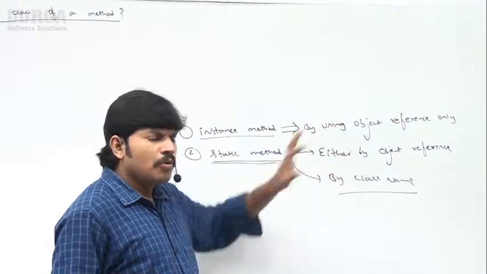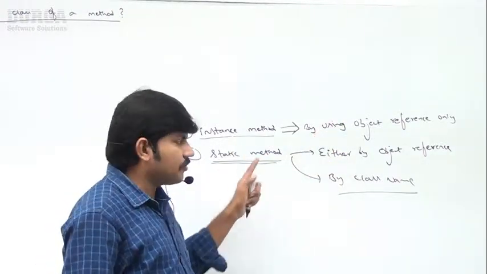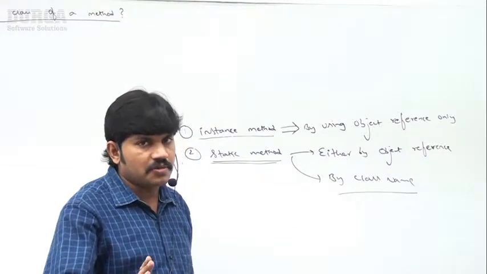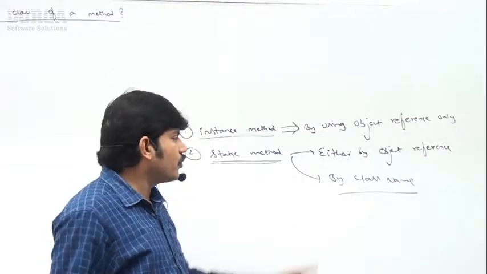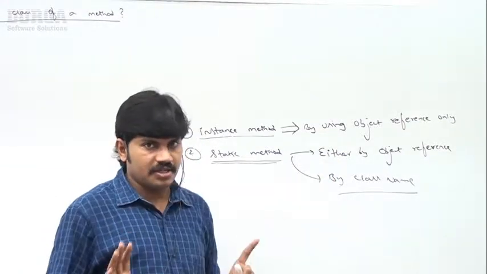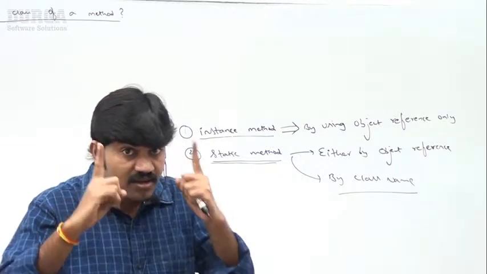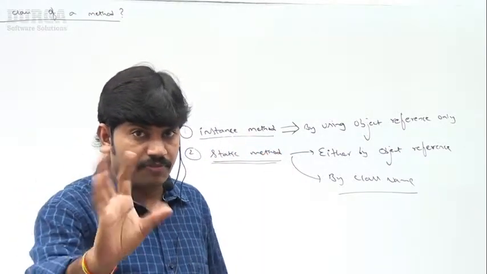So most of the time a static method is called by using the class name. In general, we never use an object reference to call a static method. This knowledge you should keep in your mind.